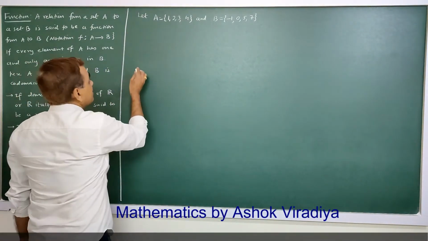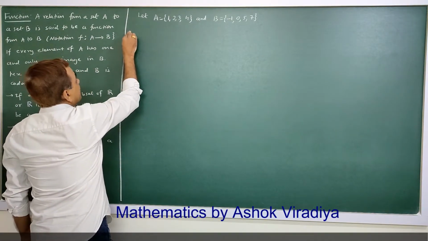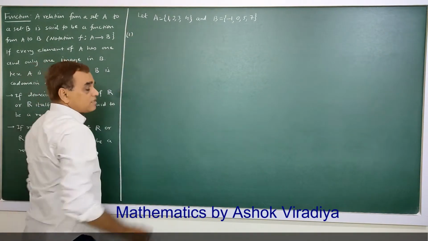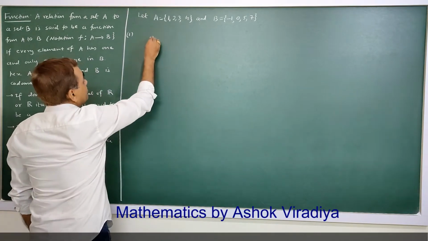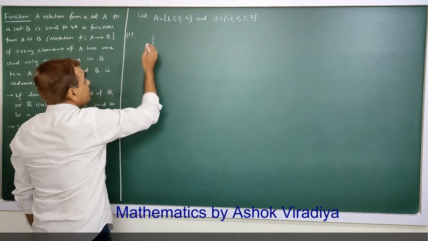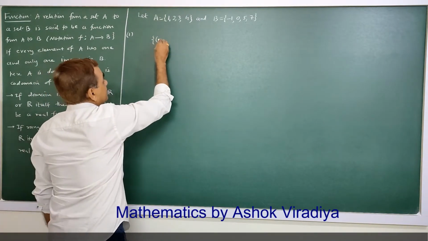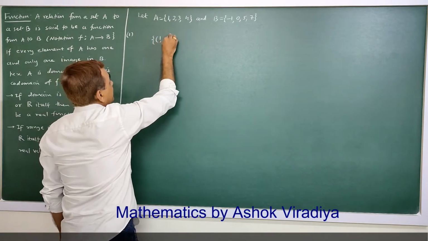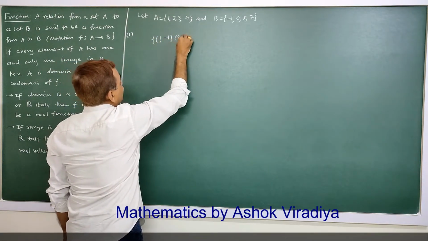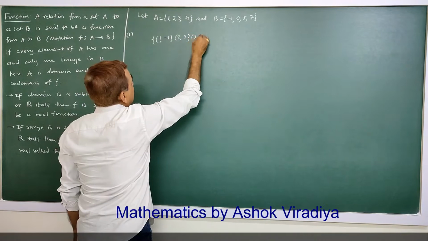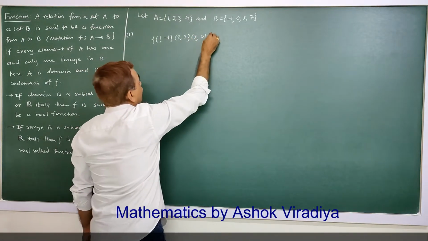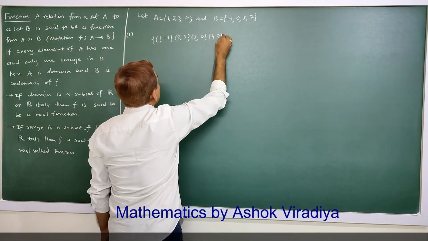I am taking the first relation from A to B. Suppose I am taking a relation containing (1, -1), (2, 5), (3, 0), (4, 7).